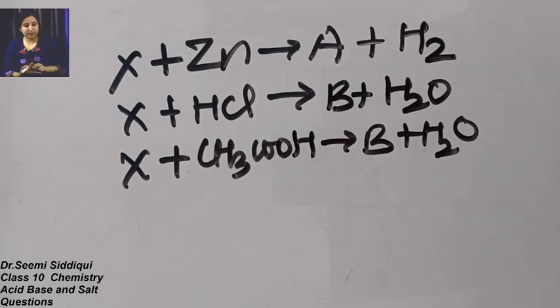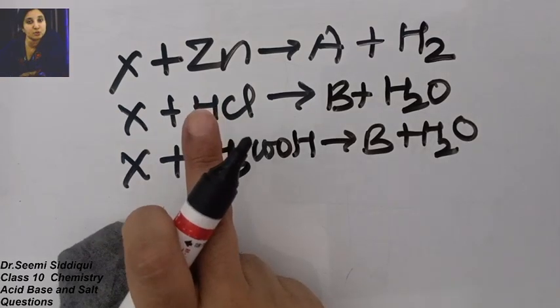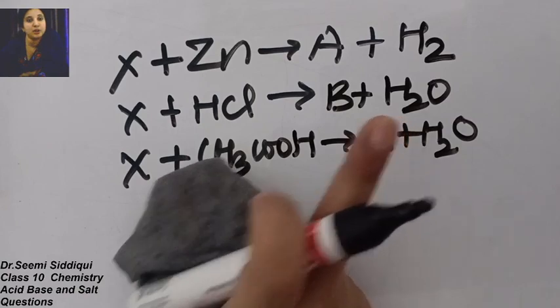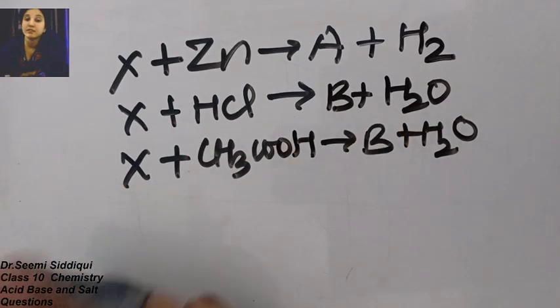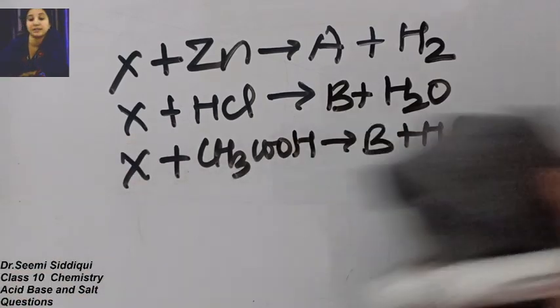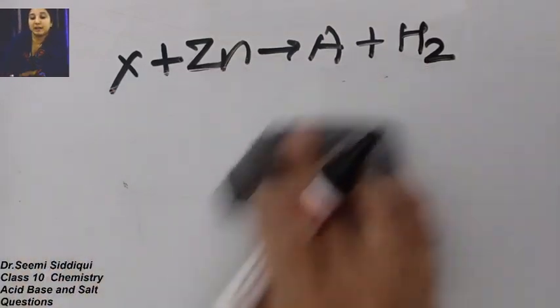Write the balanced equations. Now look over here, one by one I am going to do. Your X is reacting with HCl, with CH3COOH, and with zinc. Now when zinc is reacting, we require H2. We have done that when any base reacts with a metal, it liberates hydrogen gas.